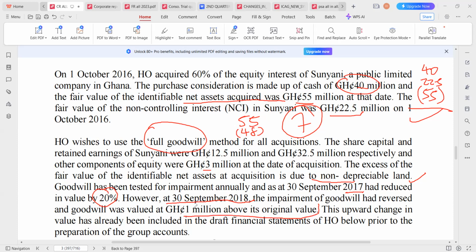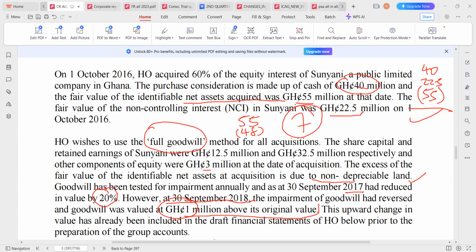That means it has been reversed by 1 million. This upward change in value has already been included in the draft statement of profit or loss prior to the preparation of the group accounts.